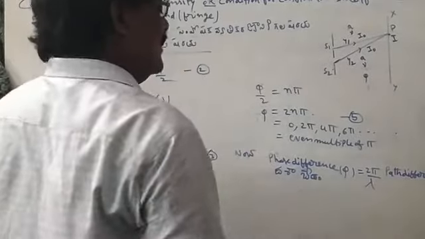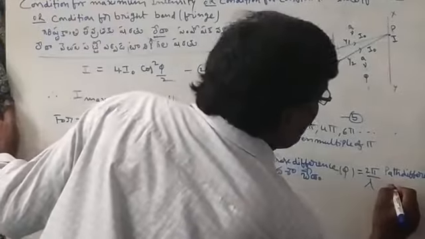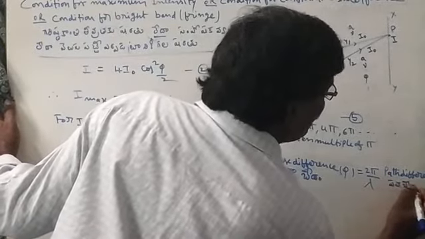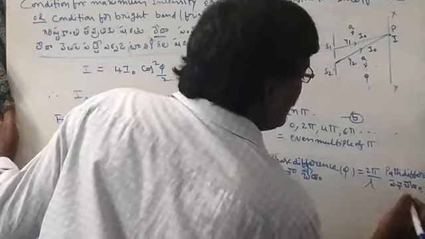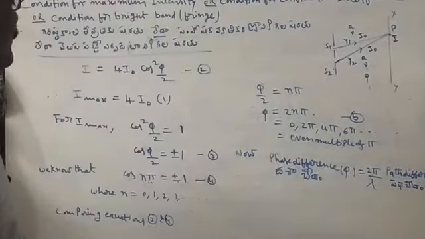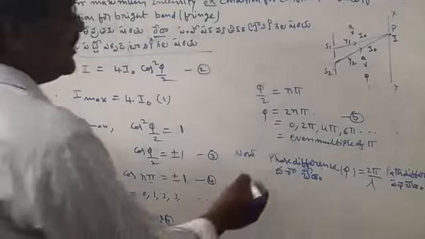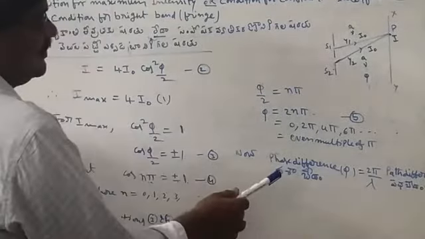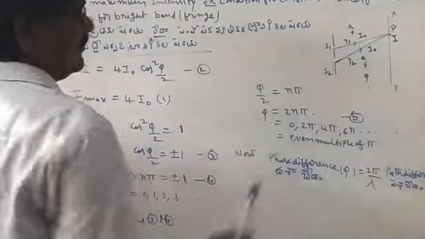Path difference means the difference in path lengths. Phase difference is equal to 2 pi by lambda into path difference. This is the relation between phase difference and path difference.